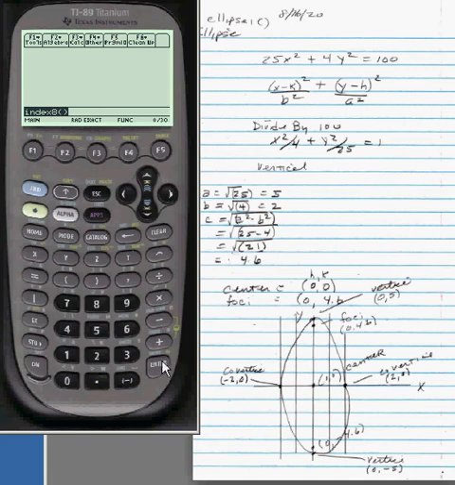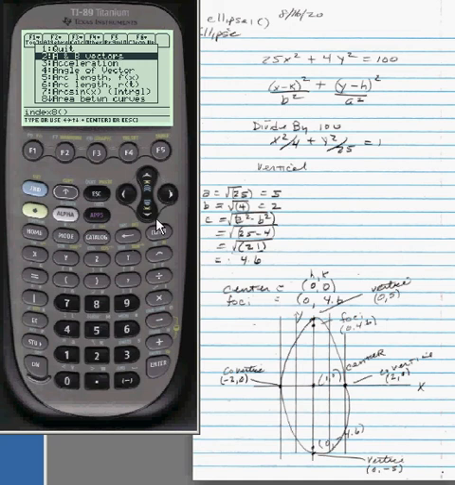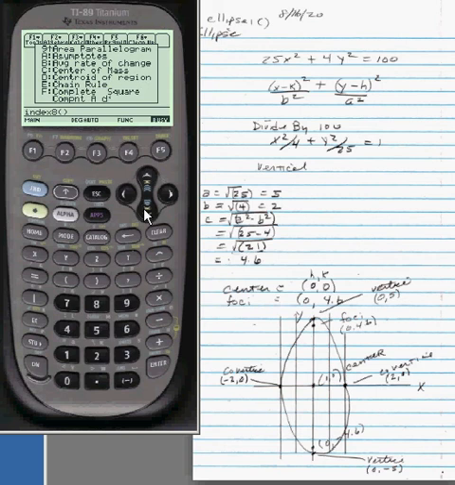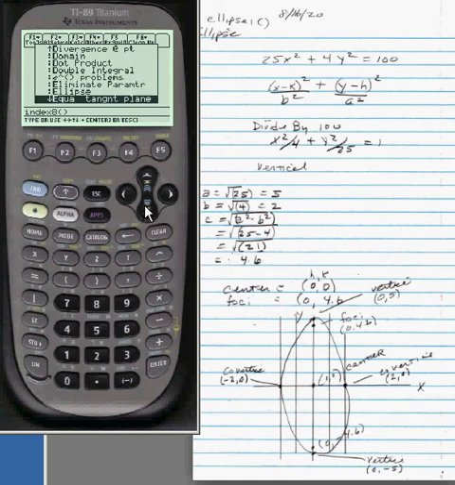Index 8 to get to my main menu. I'm going to scroll down here to the E section and look for ellipse. There's ellipse there, because that's what the problem asks for here.